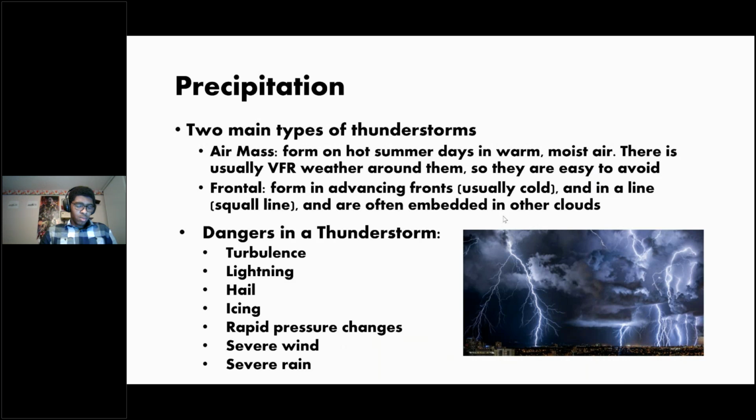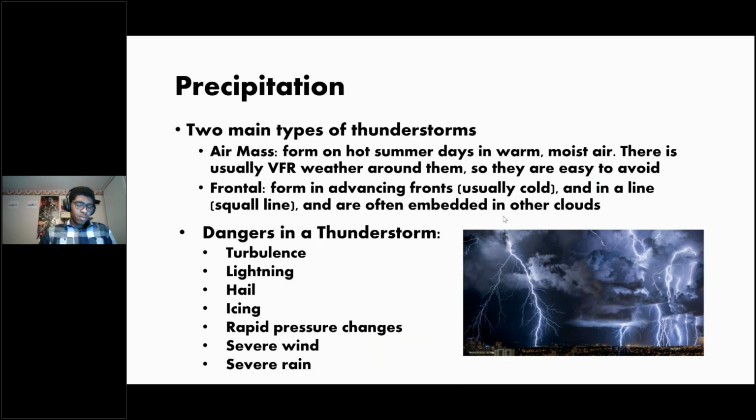The reason is that in the summer, when you have a lot of sun rays bouncing off the earth at very uneven levels, the conditions in one very isolated area might be such that you're getting the exact amount of lifting action because of those thermals radiating off the surface of the earth, and the moisture content's perfect as well, so you'll get a very isolated thunderstorm, right? With that being said, they'll be easier to avoid because the weather around them will usually be pretty decent.